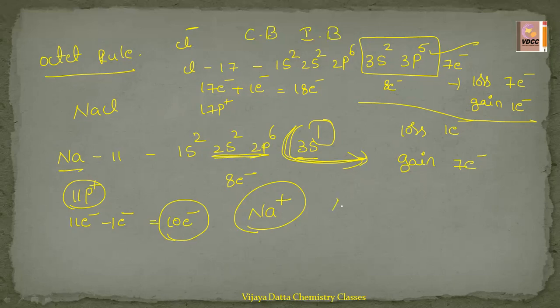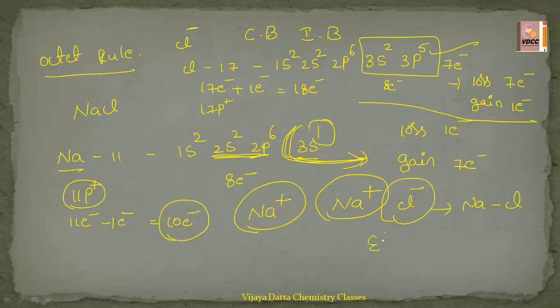So now Na plus and Cl minus: one is positively charged, the other negatively charged. There are electrostatic forces of attraction between one cation and one anion, so a bond will be formed between these two. That bond is called an electrovalent bond or ionic bond.